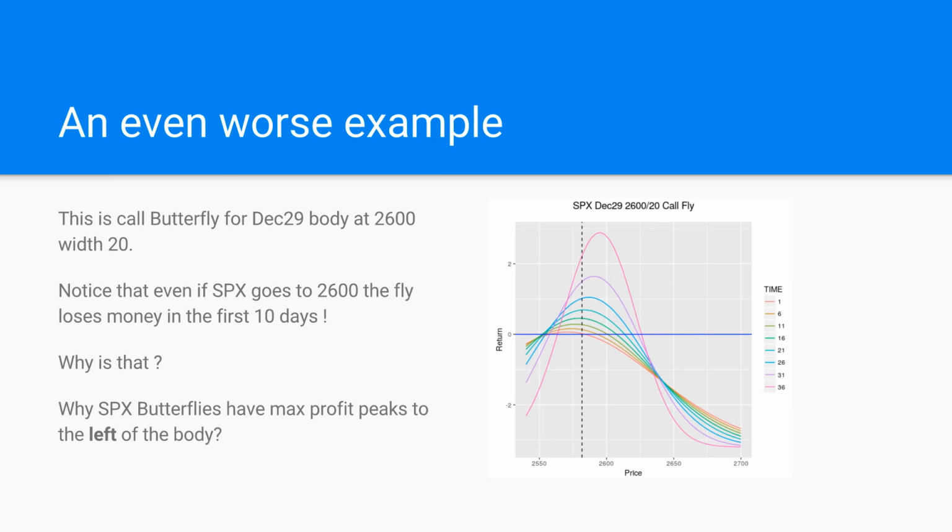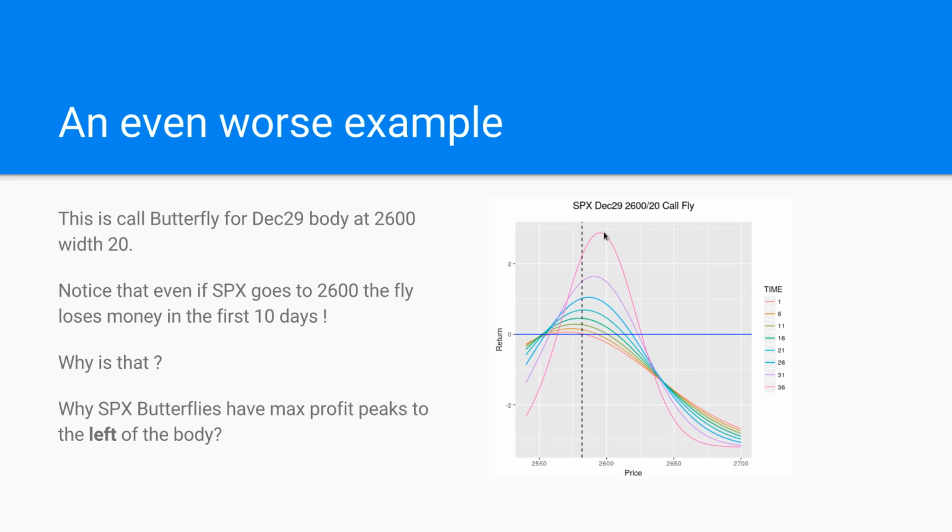So of course there is a mathematical reason for this, but in general, notice that in SPX butterflies, in fact on index butterflies in general, SPX, NDX, Russell 2000, IWM, all things index, the peak, the max profit tends to be to the left of the body of the fly. So if the body is 2,600, the peak will be to the left. And it's only with the passage of time that it will move towards the center, but it will take a long time.